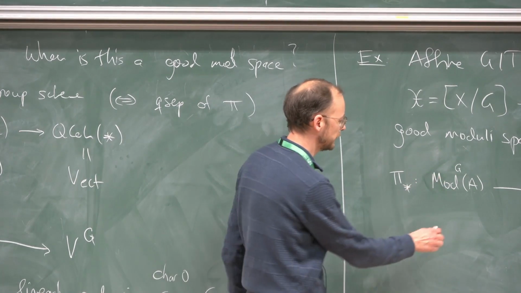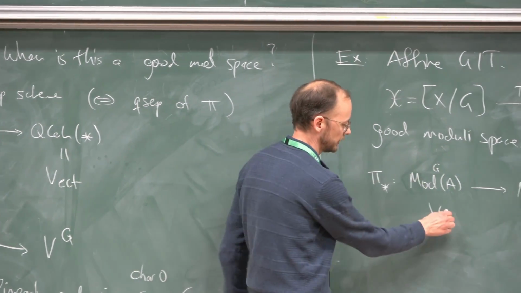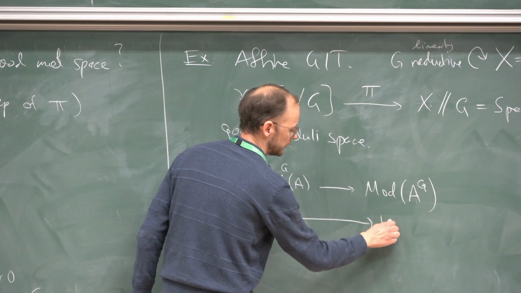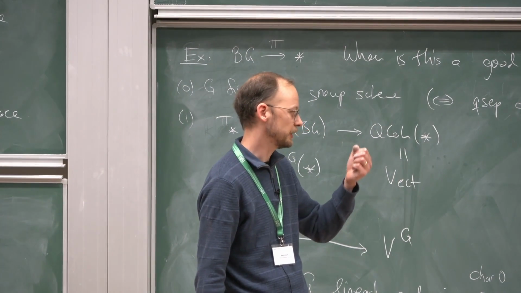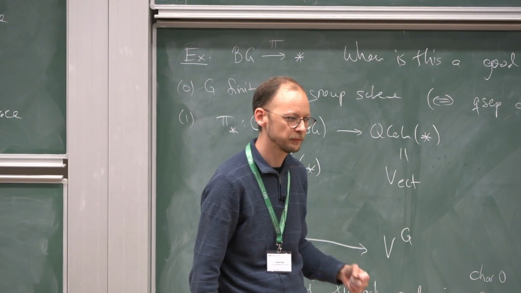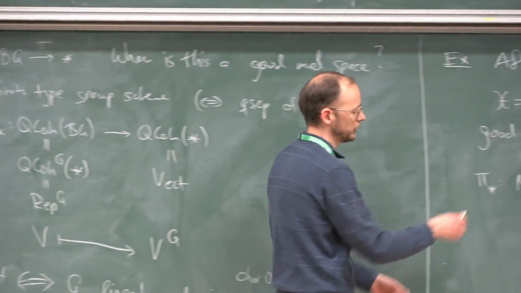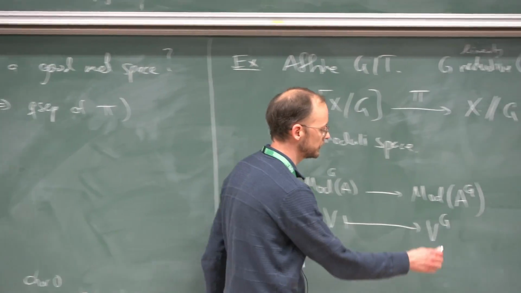I take an A-module with a G action, and I take its invariants, as a vector space, but that also carries a structure as an A^G-module. Exactness can be checked on the level of representations, and on the level of representations it's exact. So this is also exact.